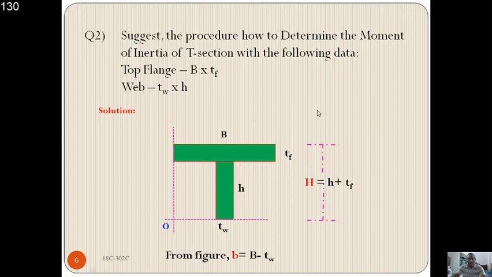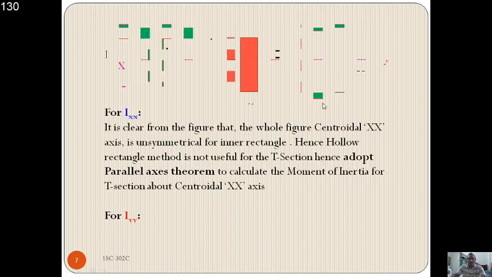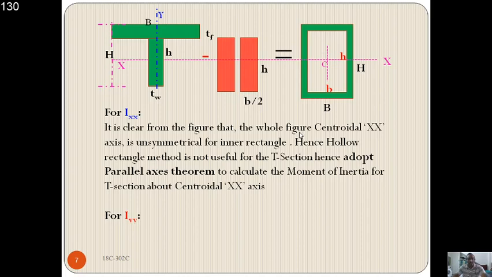For that, draw the figure like this. You observe here, this is the hollow portion and this is the hollow portion. There are two hollow portions. Let us say each hollow portion has a width of b by 2 and a height of small h.